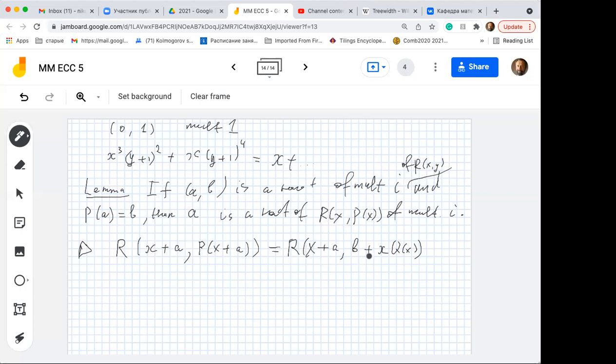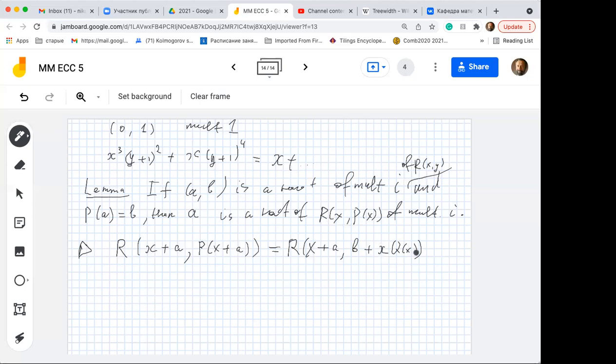And now we know that R of x, A plus something and B plus something has no small terms. Now in this polynomial, we substitute x for the first variable and x times q of x for the second variable.